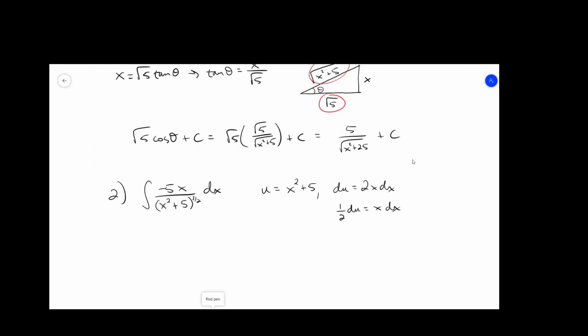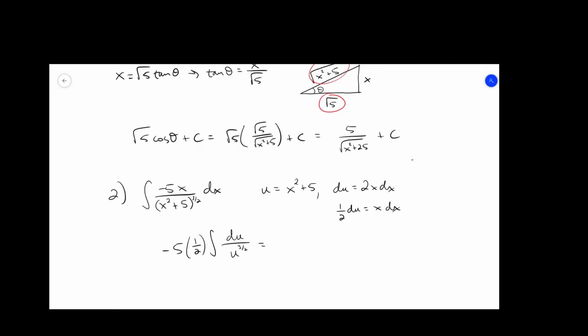So when we see this x dx right there, we know it'll become 1/2 du. We'll have that minus 5 in front, and the 1/2 in front as well. x dx became just simply du. The denominator was x squared plus 5, so this just becomes u to the 3/2.